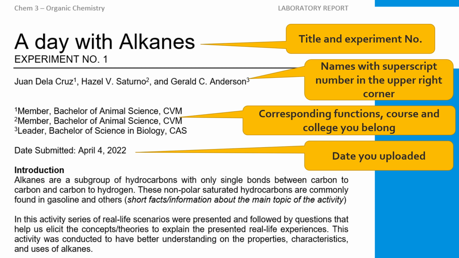I said, in this activity, a series of real-life scenarios or situations were presented and followed by questions that will help us elicit the concepts and theories to explain the presented real-life experiences. This activity was conducted to have a better understanding of the properties, characteristics, and uses of alkanes.